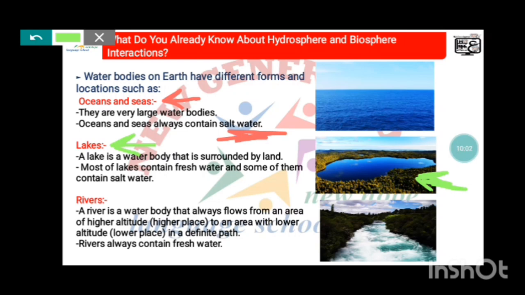So the bigger number contain fresh water, and the least numbers contain salt water. Excellent.